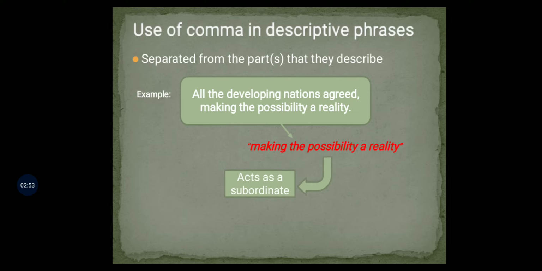Even though it adds contextual meaning to the primary sentence before the comma, even if deleted, the primary sentence would not lose its significance. Even if you write all the developing nations agreed, it would hold some value even if we do not have the part that's mentioned after the comma.